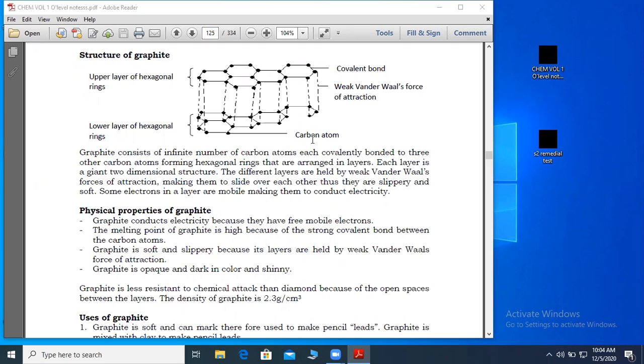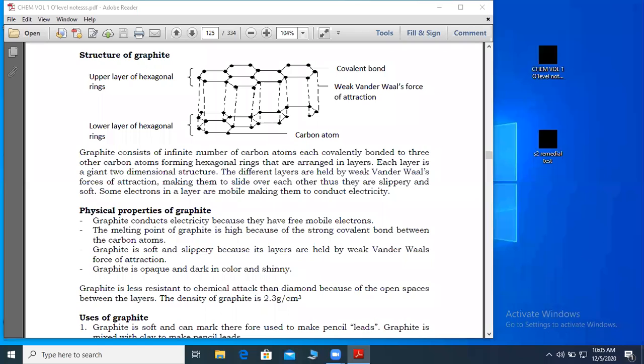Many of you are just saying that diamond does not have mobile electrons, whereas graphite has mobile electrons. That is correct, and it is true, but you are not going to get all the marks. The best answer is to give a reason why in diamond there are no mobile electrons.